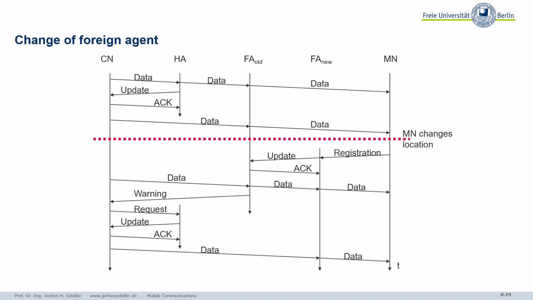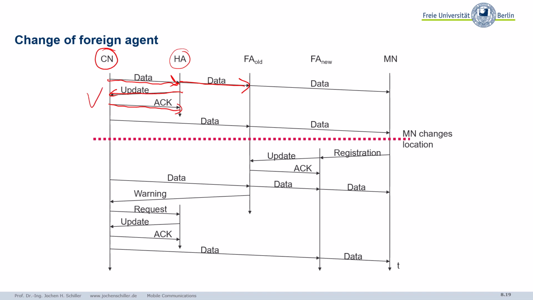So what happens? The correspondent node sends data to the mobile node, not knowing that the mobile node is not at home anymore. The home agent forwards the data to, let's say the care-of address is now at a foreign agent, but also sends a so-called binding update to the correspondent node, telling this node, please update your bindings, the mobile node is now somewhere else, and this is acknowledged.